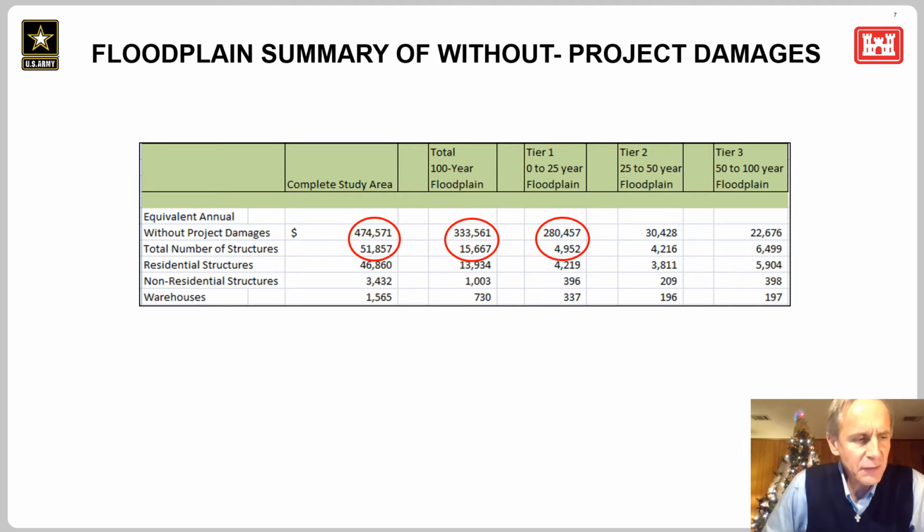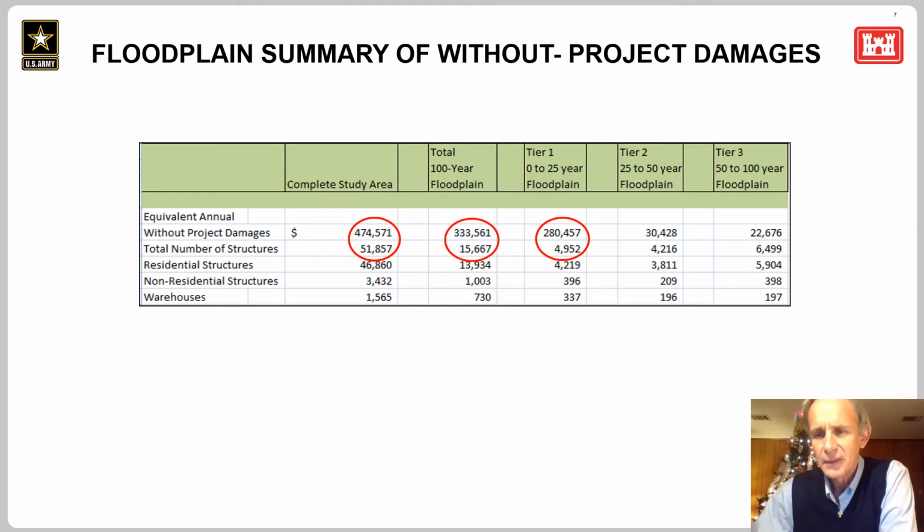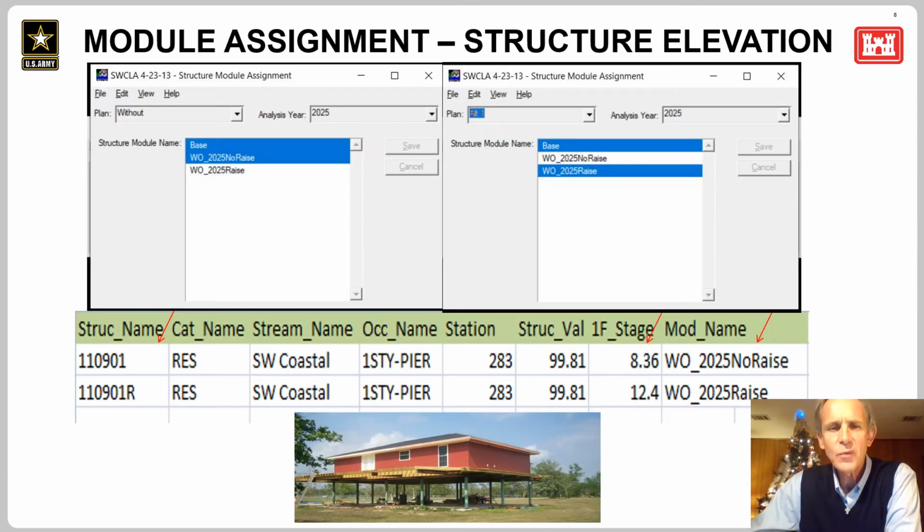So how are we defining floodplain? Any structure with a first floor elevation less than the stage associated with that probability event, a 25-year event. If you had a first floor elevation less than that, you were in that floodplain. That was the aggregation method. So that became the focus of our economic evaluation.